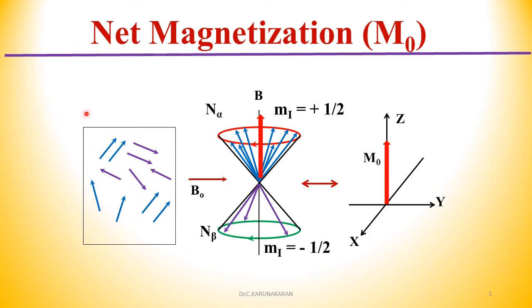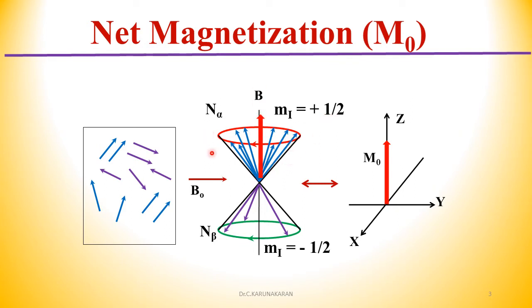They are all randomly oriented in the absence of magnetic field. In the presence of magnetic field, B naught, these electron spins or nuclear spins are oriented. For example, ms equal to plus half is oriented in the direction of the field.